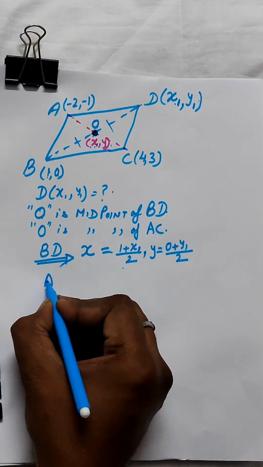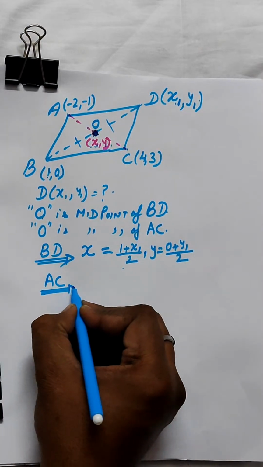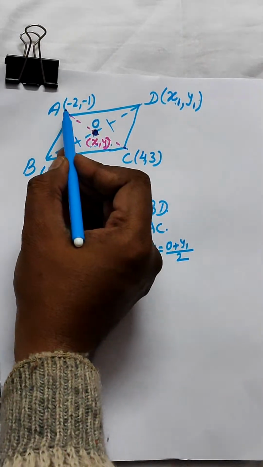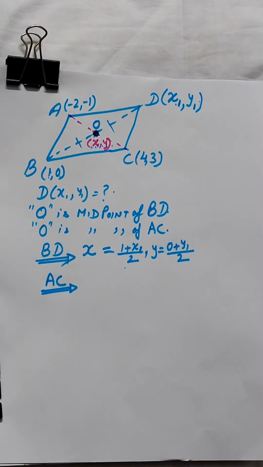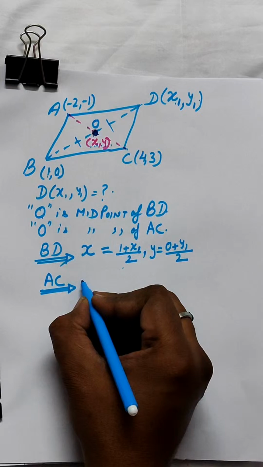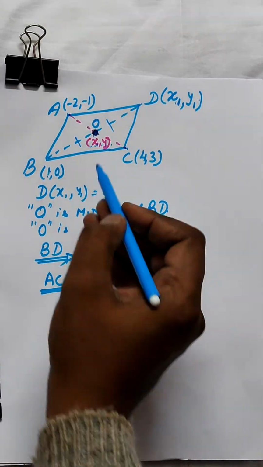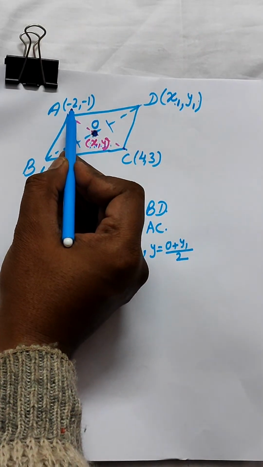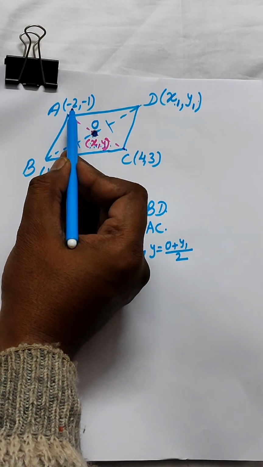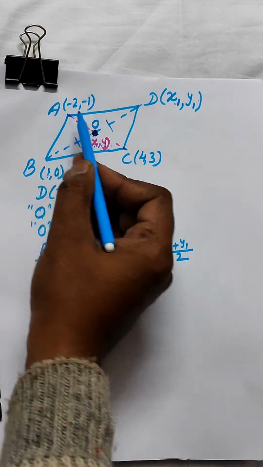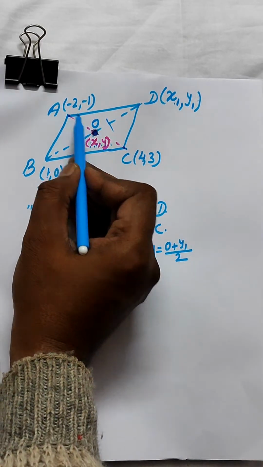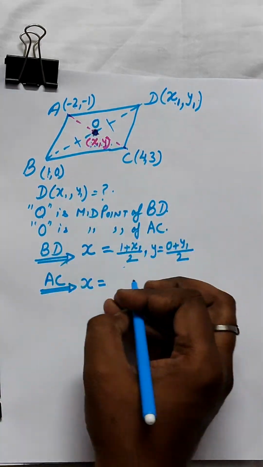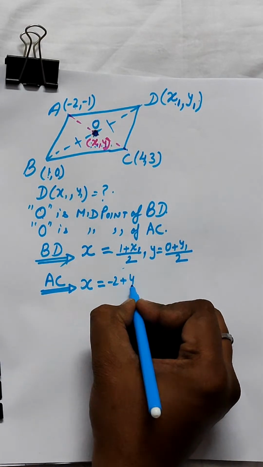For AC, when you consider the diagonal AC, similarly you can calculate the value of x and y. The value of x is calculated as: this is -2, the abscissa of A, and this is the abscissa of C. Just add both, that is -2 plus 4, divided by 2.